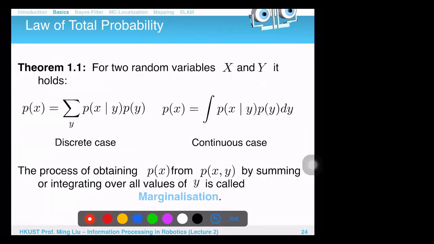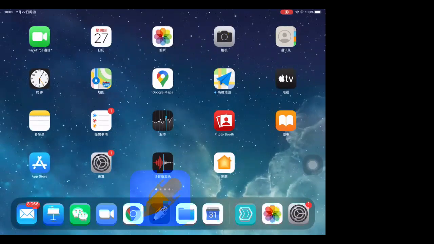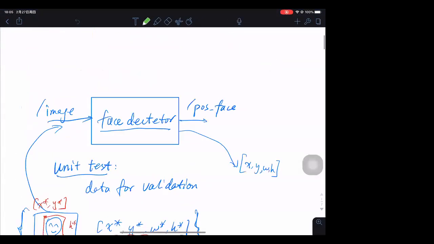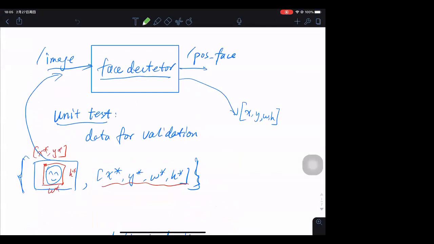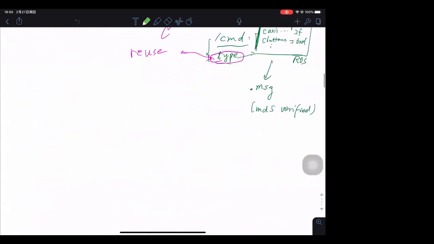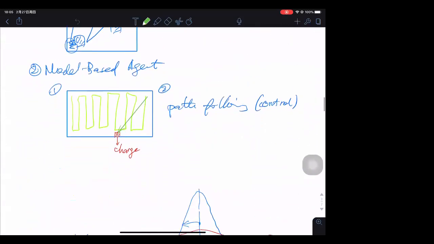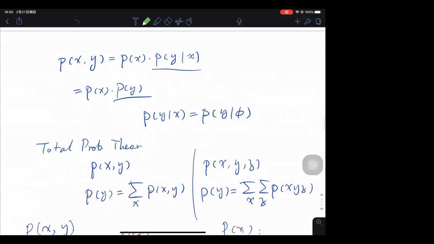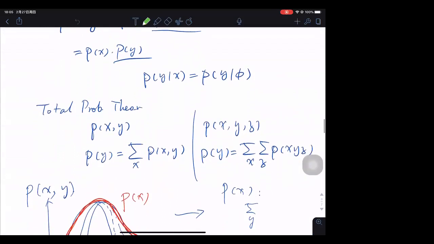Let me switch back to the material. Okay, those are the notes we discussed last time. I want to quickly remind you of the discussion we had on the joint distribution.